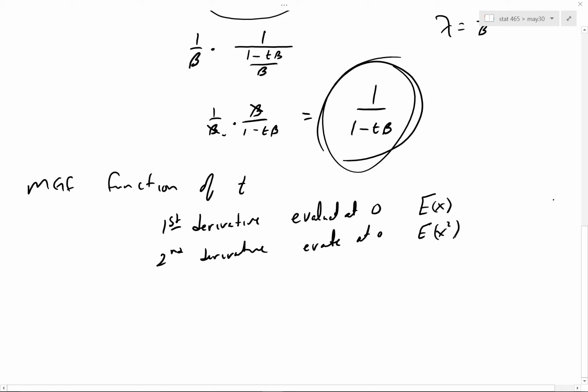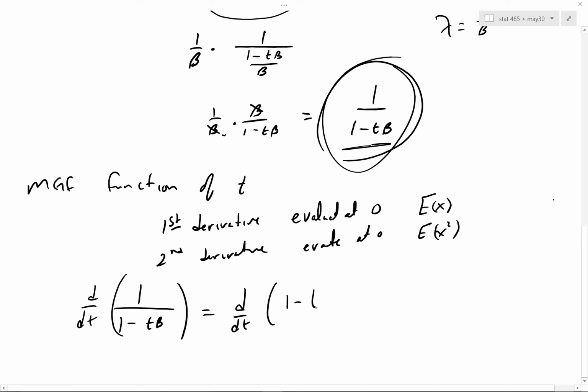I'm not sure which I want to do first. I guess we'll try it with this one just for a good time. So it's going to be 1 over 1 minus t beta, like so. If I were to take the derivative of this with respect to t, well, remember this is just 1 minus t beta to the -1 power, which would be -1 times 1 minus t beta to the -2, times the derivative of this guy.